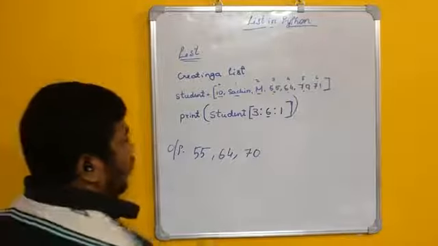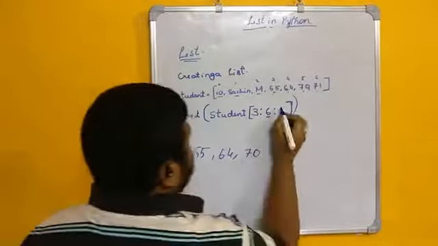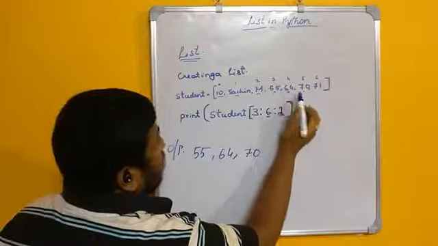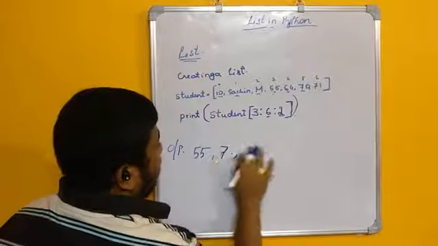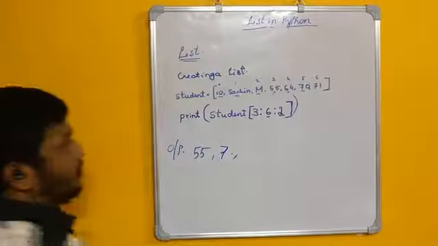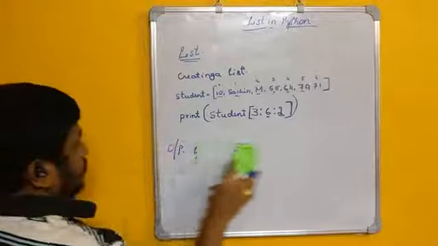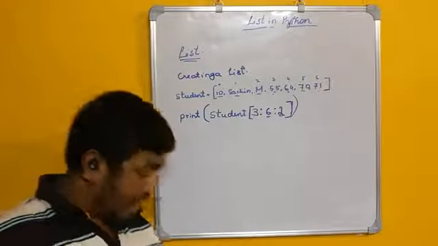This is how we can slice. If I take the step as 2, what happens here? It will take 55, leave the next element, and go to the second one, so the next element will be 70 and it will end here. This is how we slice the list.